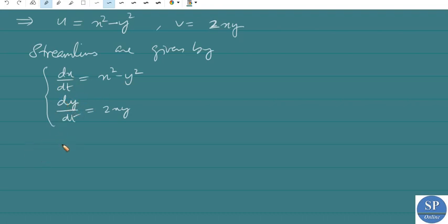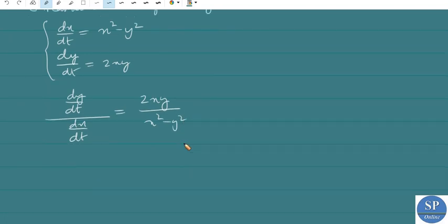Dividing dy by dt by dx by dt, we get dy by dt divided by dx by dt is nothing but 2xy divided by x square minus y square. That is, we get dy by dx is equal to 2xy divided by x square minus y square.